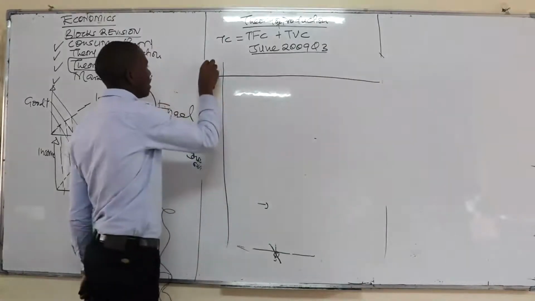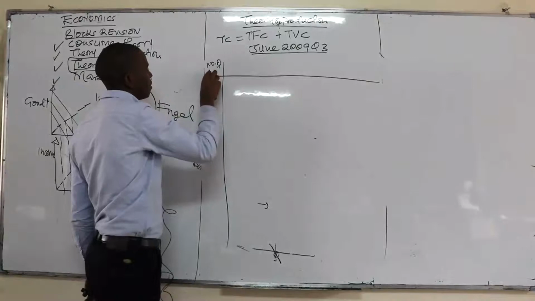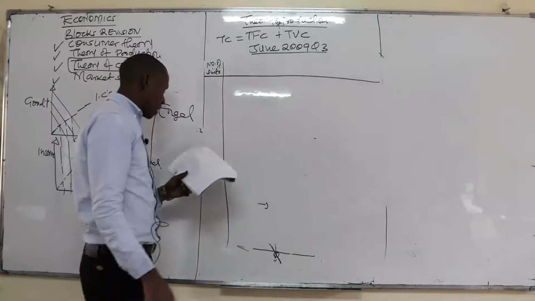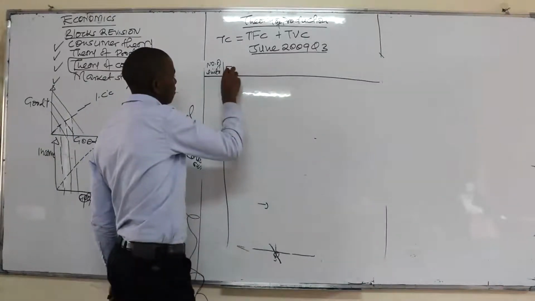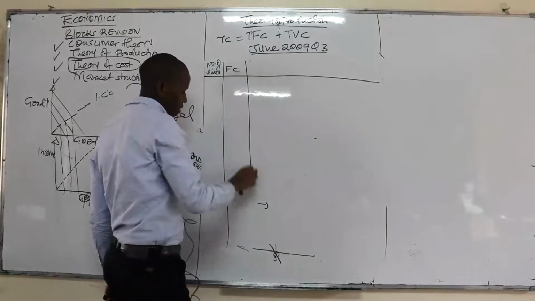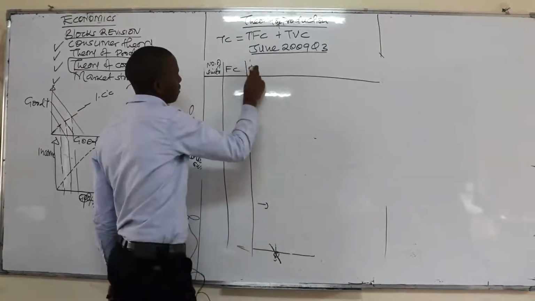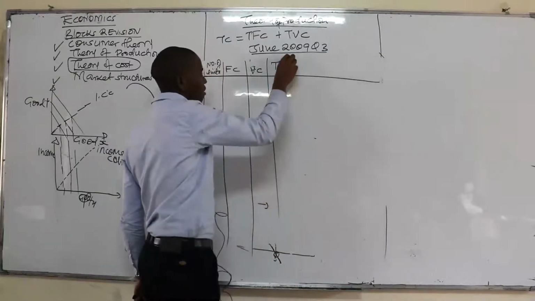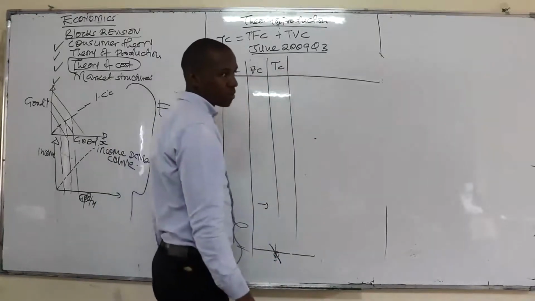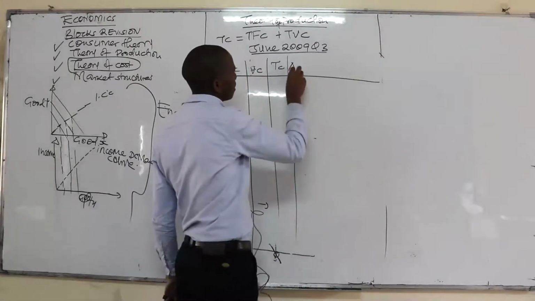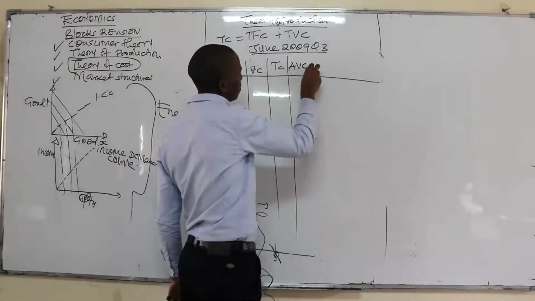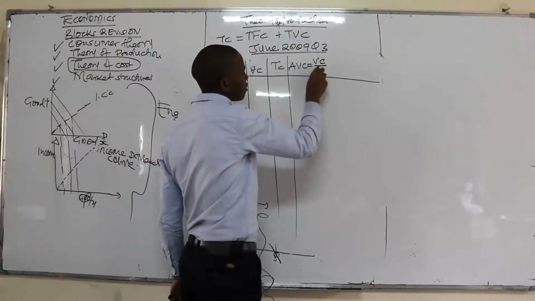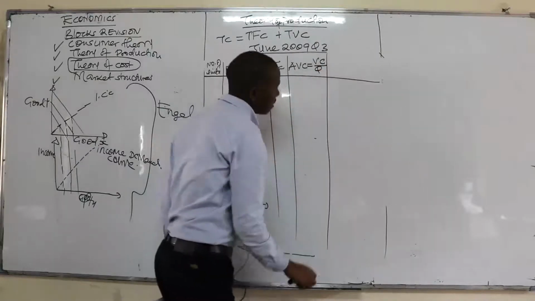So I will have the number of units, which is the output, and then the fixed cost, the variable cost, and the total cost. How do you get the average variable cost? Variable cost divided by output.